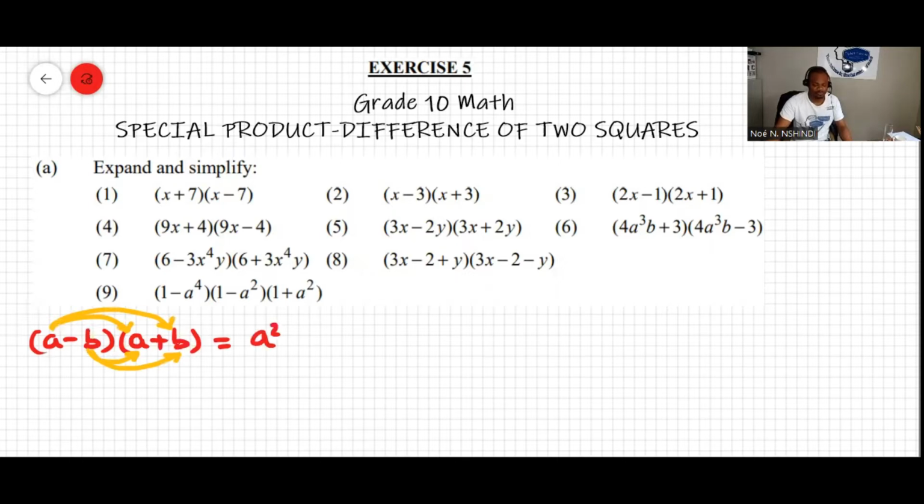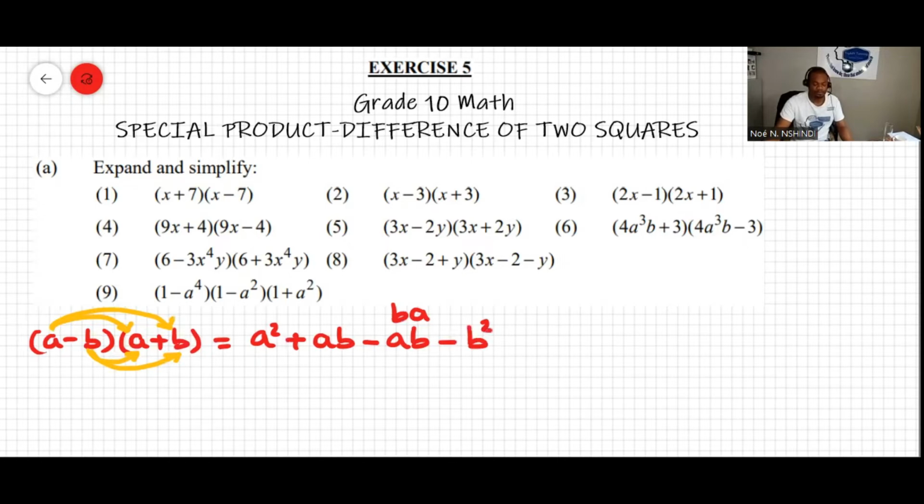A times positive B makes positive AB, and negative B times positive A makes negative BA, but I prefer to write negative AB because BA and AB are the same thing. Then negative B times positive B makes negative B squared.